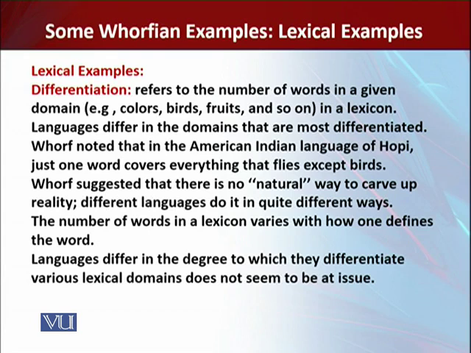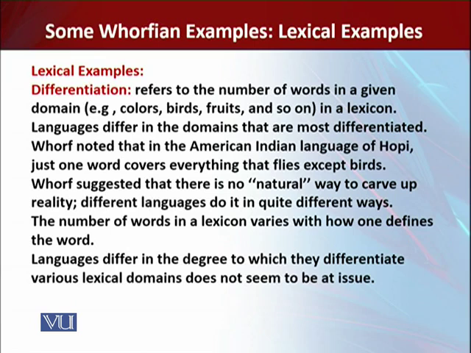Lexical examples we have to look at in terms of the first important aspect, which is differentiation. Differentiation refers to the number of words in a given domain in the lexicon, for example, color, birds, fruits, and so on. A more highly differentiated domain has more words, some of which express finer distinctions such as subtle shades of color.